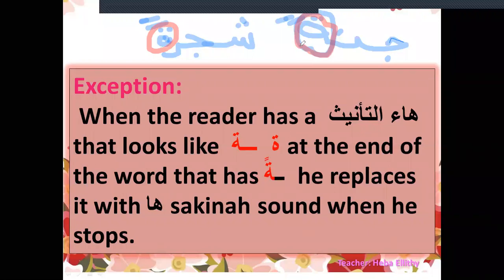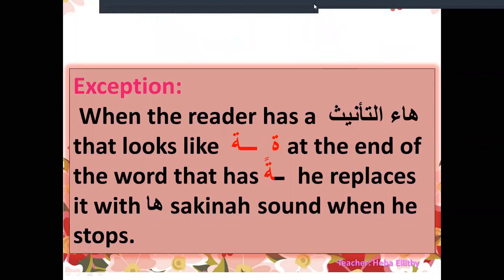So when I say تاء التأنيث, that means this تاء tells me this word is feminine. This is how it looks when it's connected to the letter before, and this is how it looks when it's not connected to the letter before.